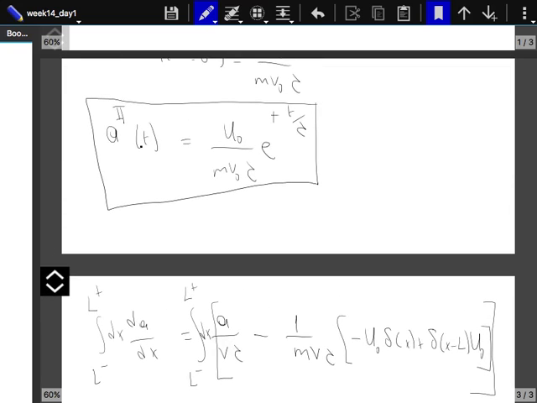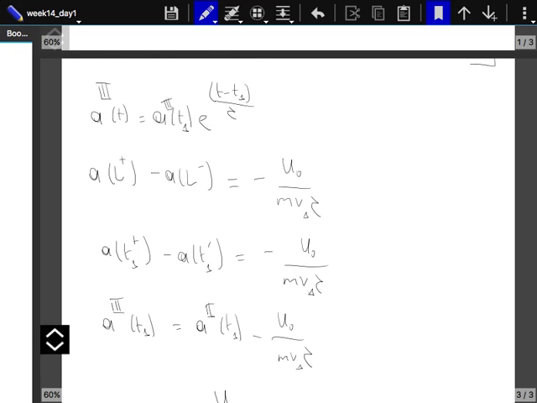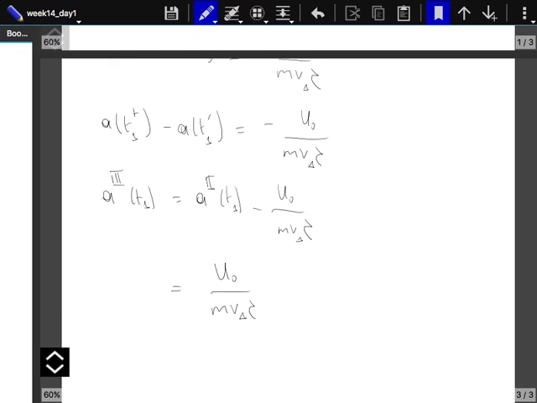Now the acceleration in the second region is given by this expression over here. So that is equal to u0 over m v0 tau times e to the power t1 over tau.